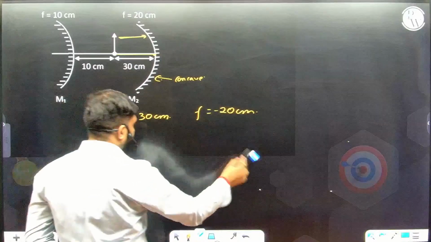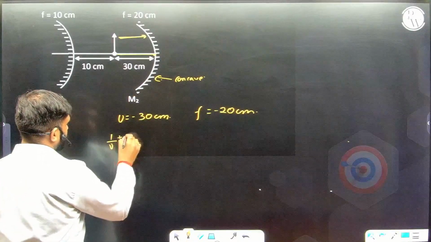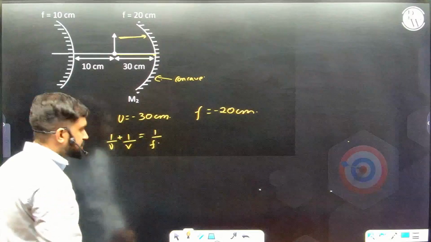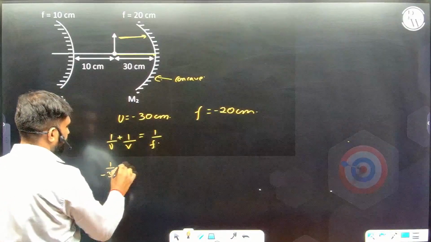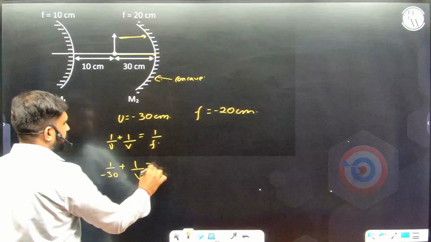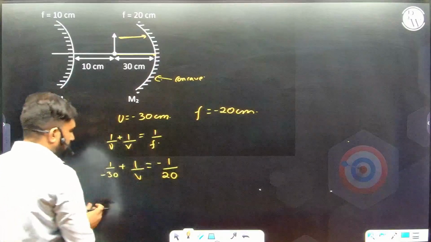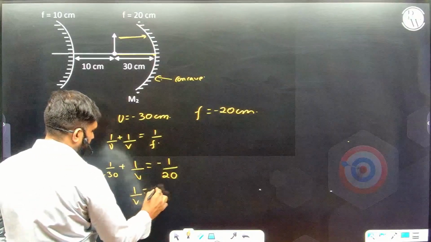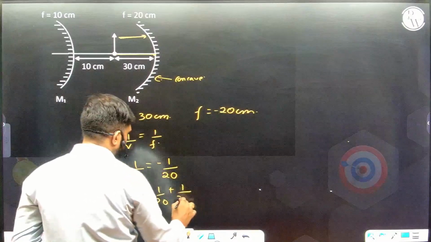So find out the image distance. 1 upon V plus 1 upon U equals 1 upon F. So if you put U, it will be minus 30. V, I'll keep it here. Focal length is minus 20. Take this minus 1 by 30 on the other side. So it will be minus 1 by 20, minus becomes plus, plus 1 by 30.